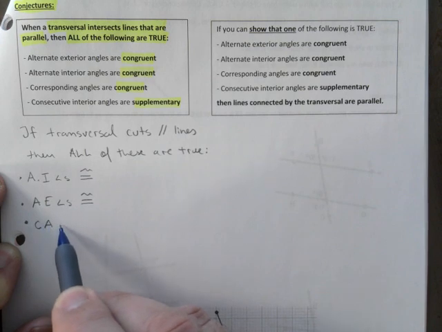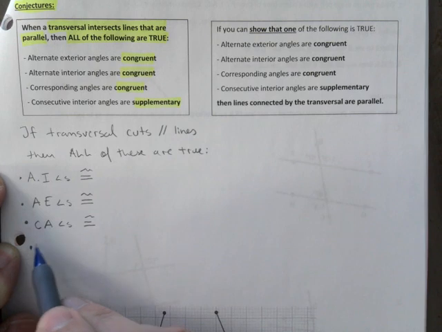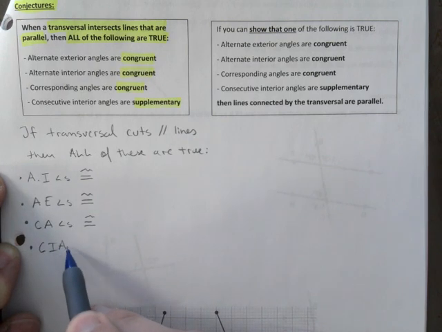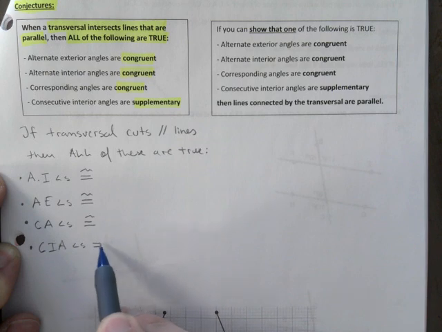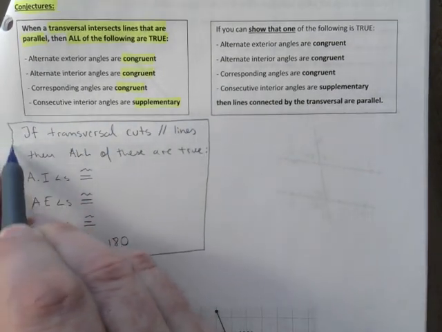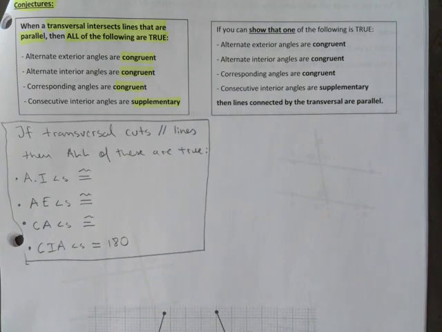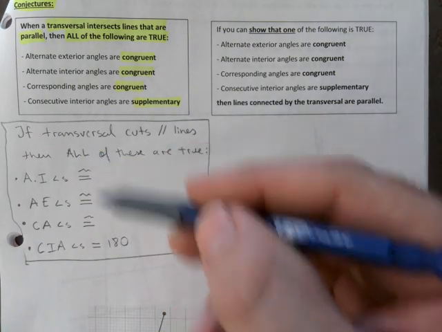Corresponding angles are congruent. And the CIAs, the angles add up to 180. That's what that box up there is saying. So on the one hand, if the transversal does cut parallel lines, then all of these are true.